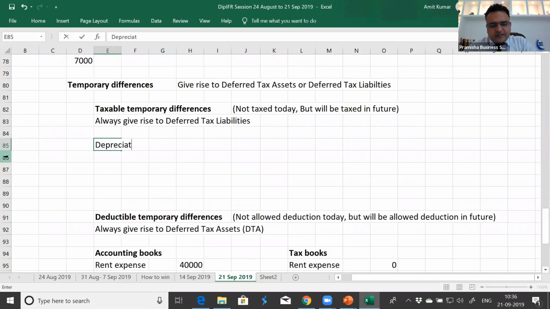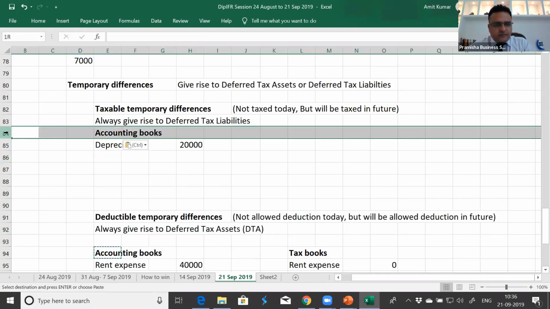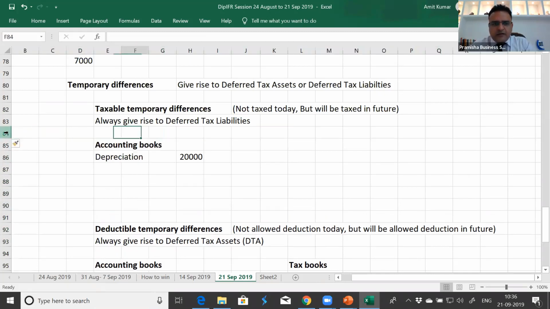There is a depreciation charge of 20,000 in our books, according to accounting books. Tax books say that we'll allow you depreciation of 50,000 this year.